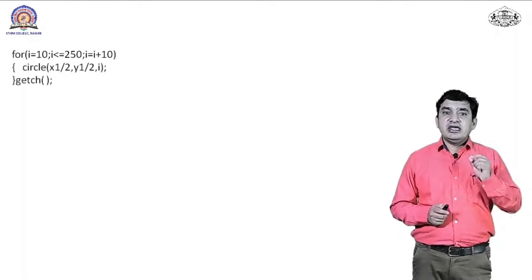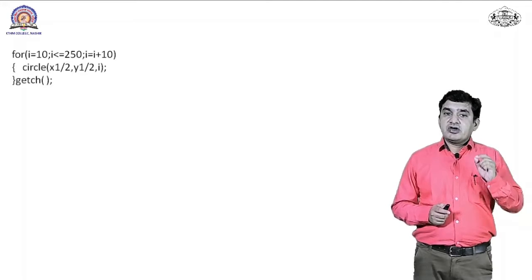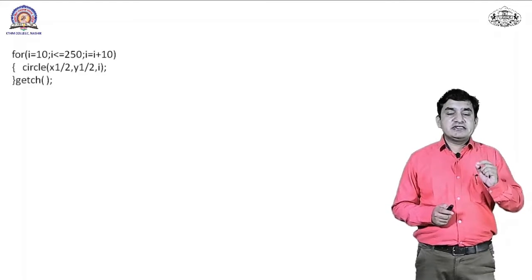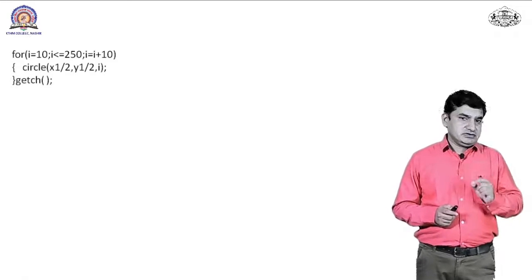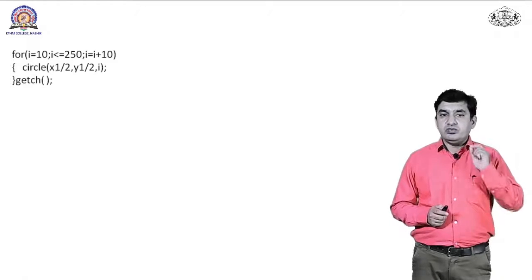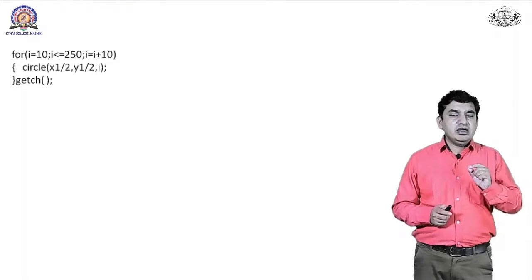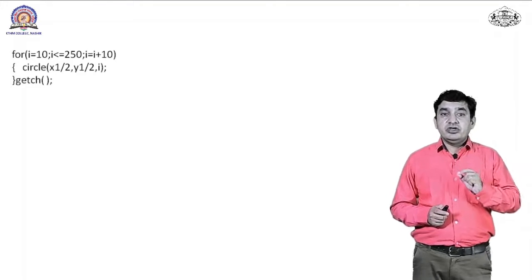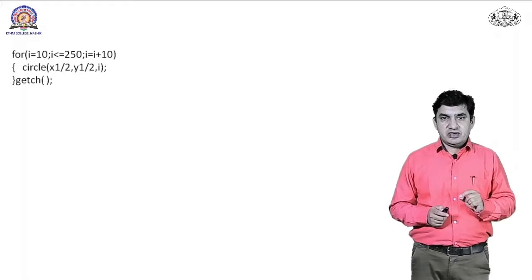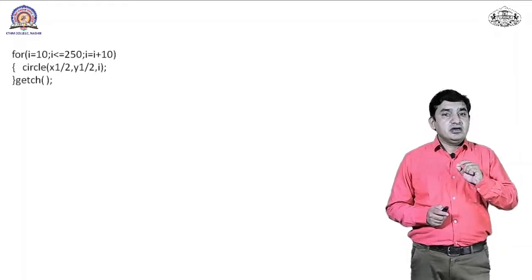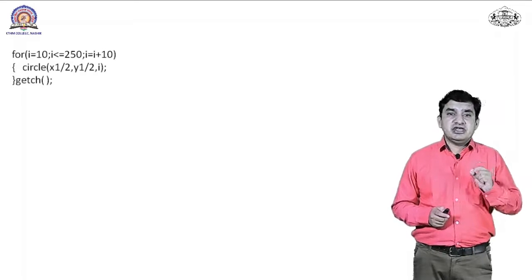So circle x1 divided by 2, the maximum coordinate of x divided by 2, and the maximum coordinate of y divided by 2, so that we get the center. And the circle is drawn at the center.